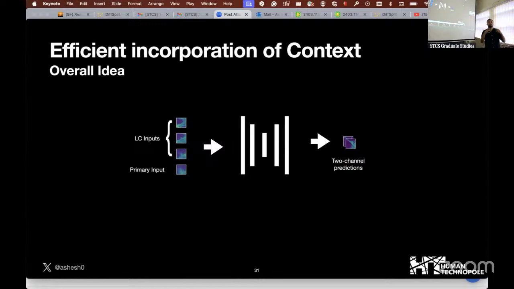You could do away with high frequency details. And as long as you have, let's say, a broader idea of how this primary input fits in the larger scheme, that is good enough. We train this setup in a supervised way, in the sense that we have access to the input, we have access to the two channels, and we train the network.